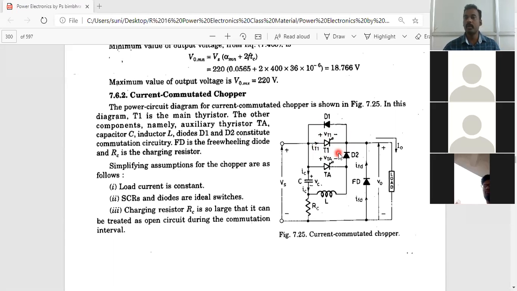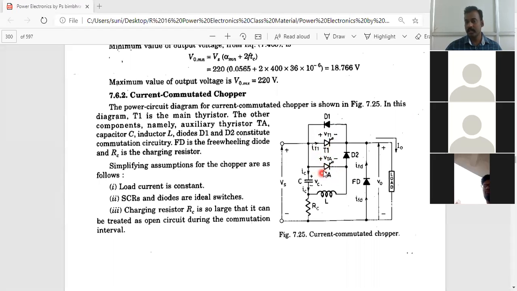For getting a variable voltage, we need to make this device turn on for a certain time and turn off, turn on and turn off. That is needed, and that is done by this auxiliary device. At the desired instant where we need to turn off the conducting device, this auxiliary device is turned on.